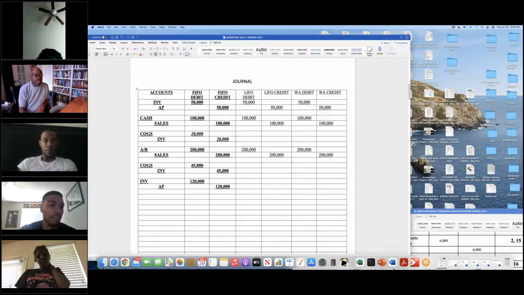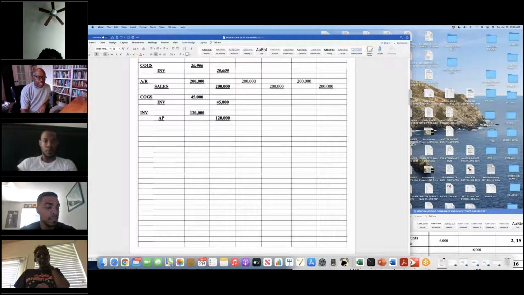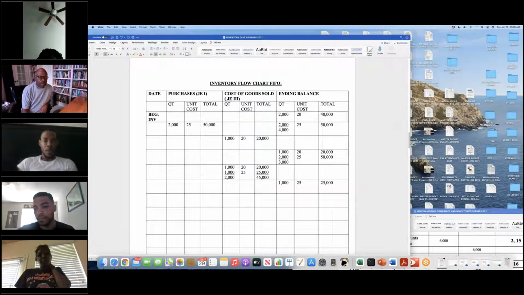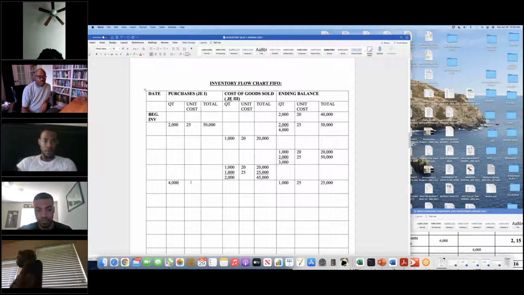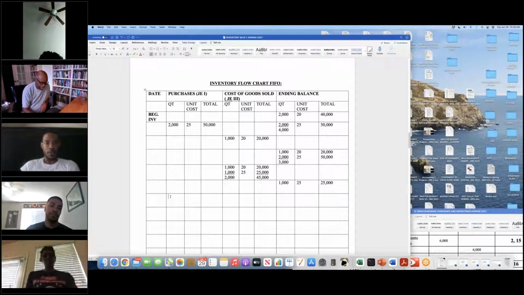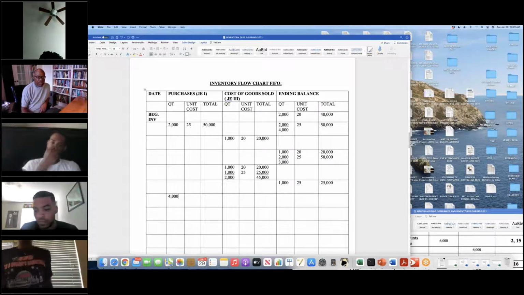Okay. And so now we need to put into the inventory chart what? Inventory debit 120,000, accounts payable 120,000. We made the journal entry. So we got 4,000 in here at 30.